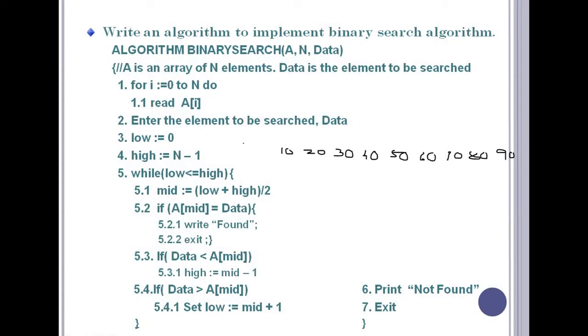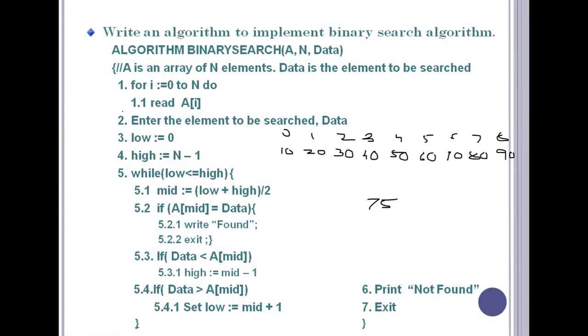Suppose this is an array with 9 numbers. The array index starts from 0 up to 8. Now suppose I want to search the number 75. So it is an unsuccessful search. How is this algorithm going to work in this unsuccessful search example?